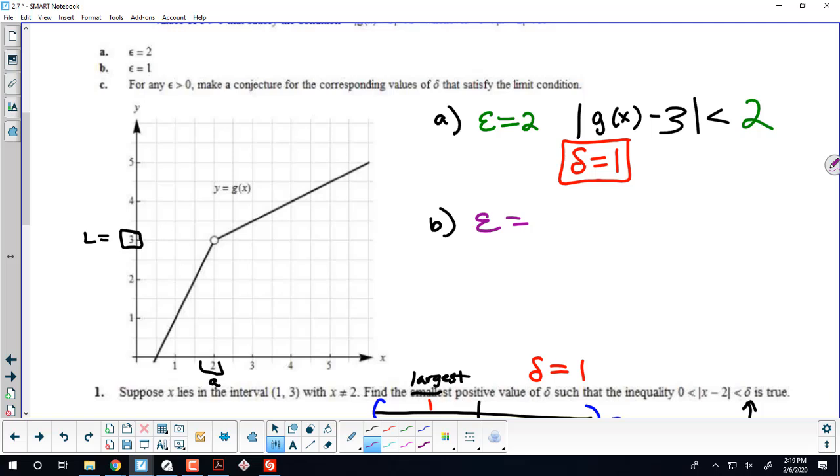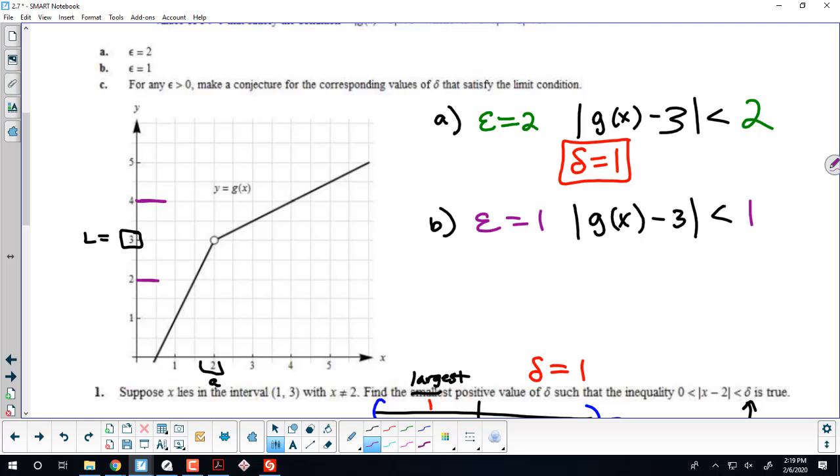For part B, they give us that epsilon is equal to 1, which plugged into our definition, again, would be absolute value of g of x minus 3 is less than 1. So we're less than 1 unit away from 3 on the y-axis. So this time from 3, we're just going to go up 1 unit to 4 and down 1 unit to 2 for that window.